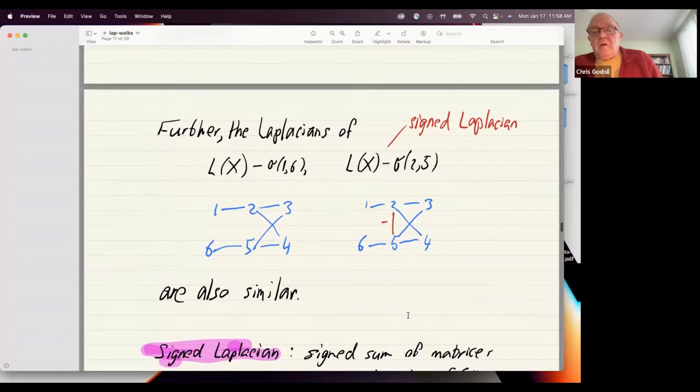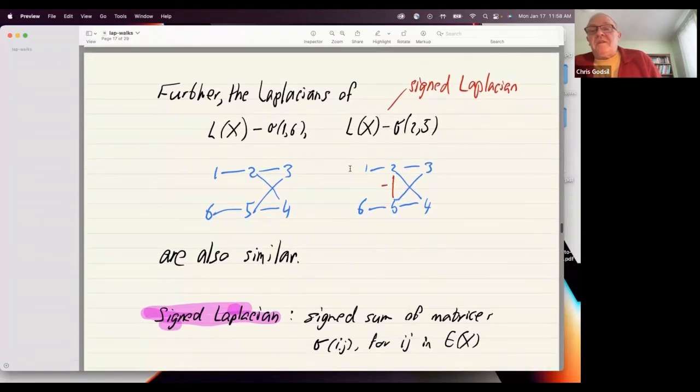Okay, now one way of thinking about this is that the Laplacian is a signed sum of matrices sigma ij for ij edges.